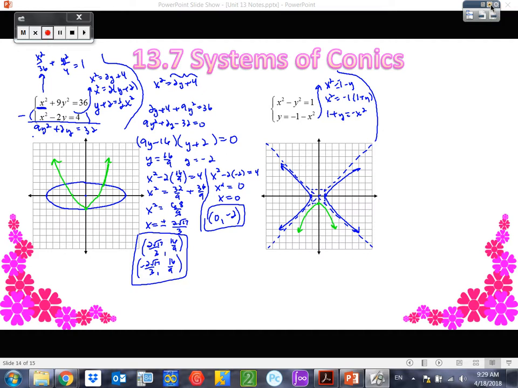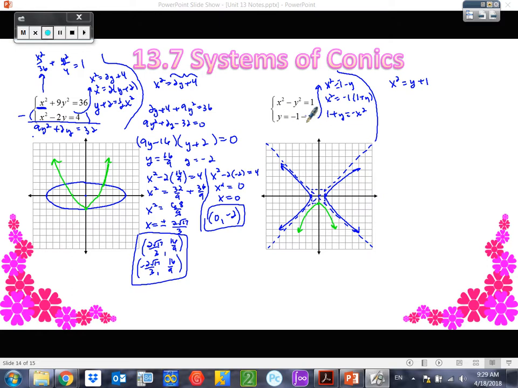Let's see. What I did is I solved this one for x squared, and I subbed in for x squared. That's how I did it. Of course, there's lots of different ways to do it. I encourage you to do whichever way you like, but I took the second one and solved for x squared, and then subbed it into the first one. So x squared is going to be y plus 1.